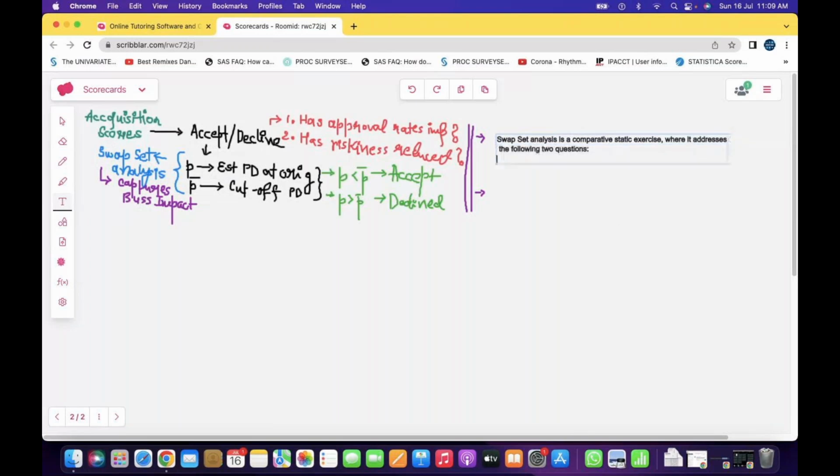Number one, given the approval rate remains unchanged, does the bad rate in the portfolio go down?